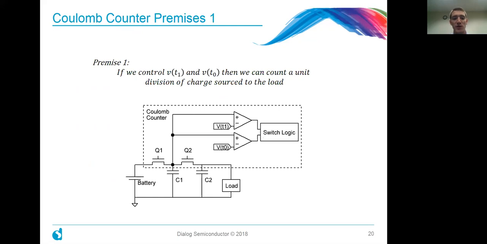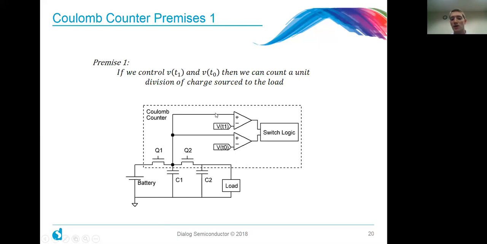So premise one: if we can control VT1 and VT0, we can count a unit division of charge sourced to the load. How is that actually done using our Coulomb counter technique? You're going to want two analog comparators, which are effectively your automatic fill lines. As the voltage of C1 increases and then decreases, the outputs of these analog comparators toggle. We put them into our switch logic that drives Q1 and Q2.